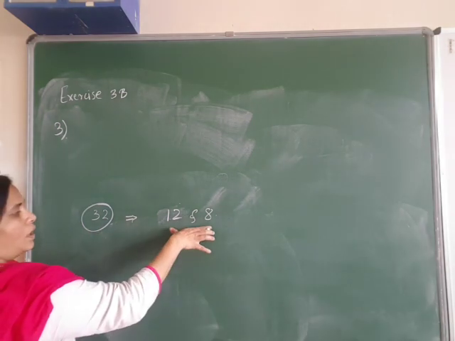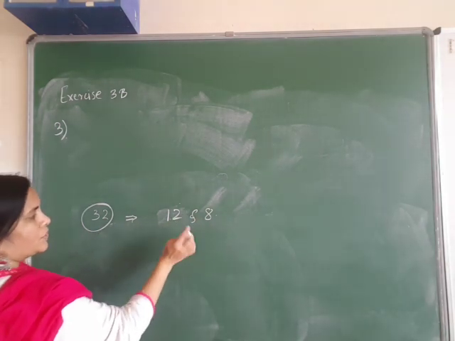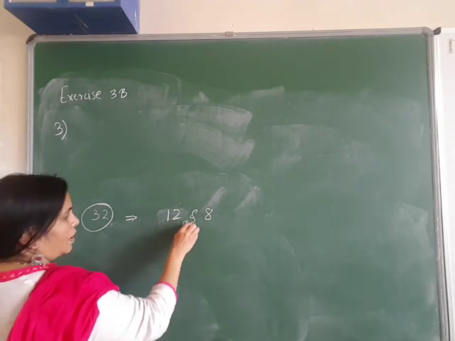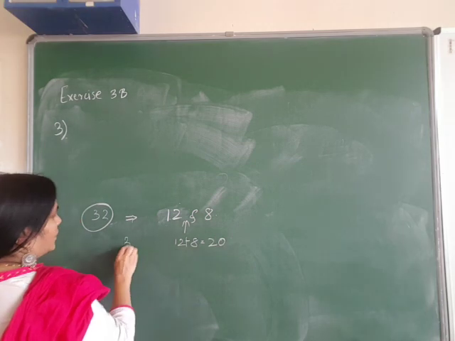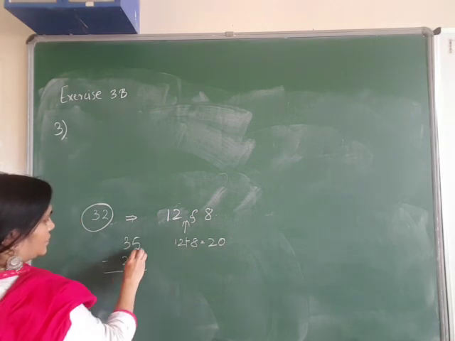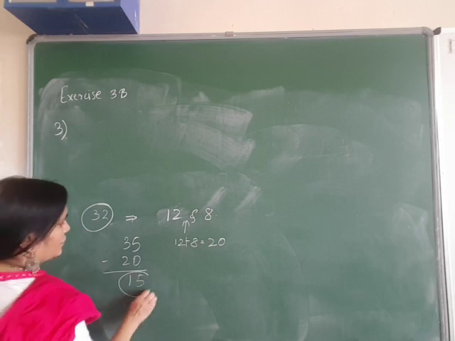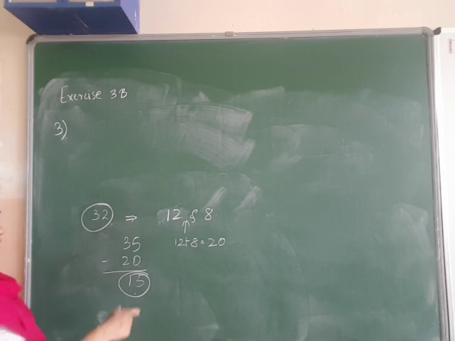So to make 32, what should be added to the sum of these two? So first you have to add 12 plus 8, that is 20. If you subtract, 35 minus 20, so 15 should be added to make 32. So this is how the given statement is.